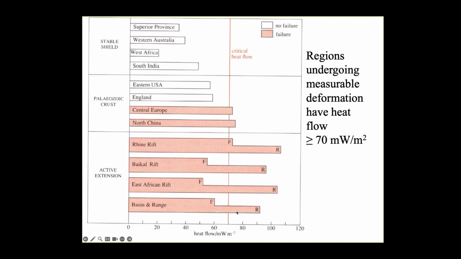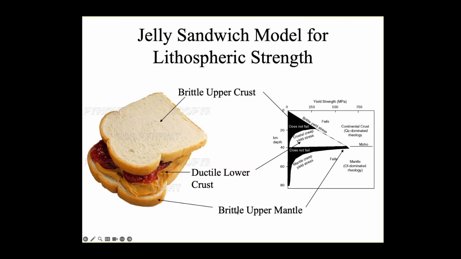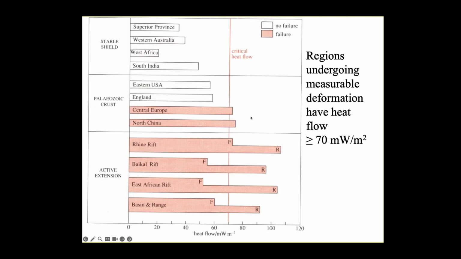Because of these relationships, as we get hotter we enter regions of greater weakness or less strength. This is telling us that these regions of high heat flow are necessarily going to be the regions that are deforming. We know that cratons are strong. We've talked about them being strong, and this is the reason: they have low heat flow. So Byerlee's curve extends to greater depth.